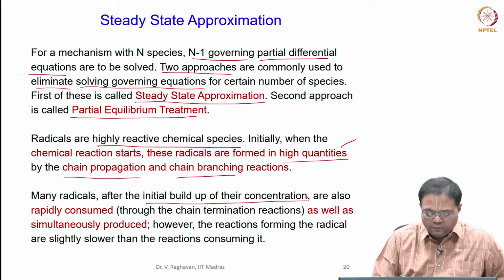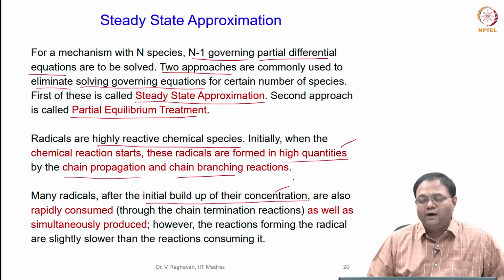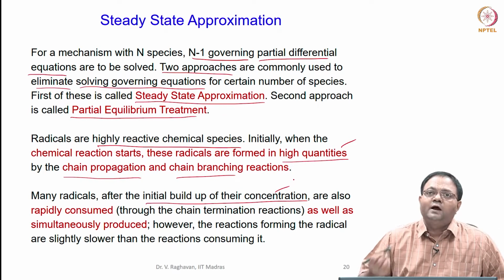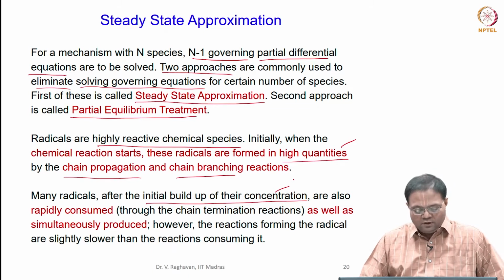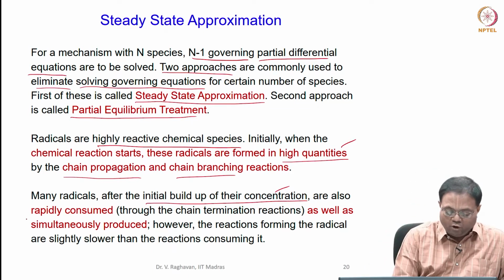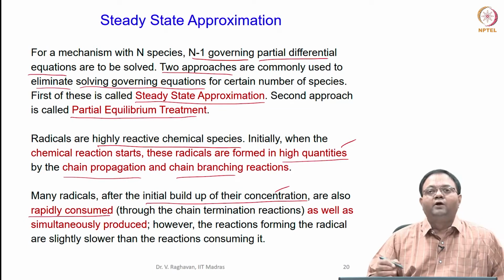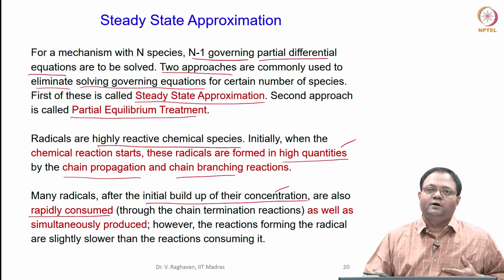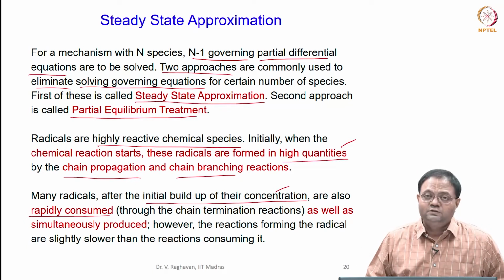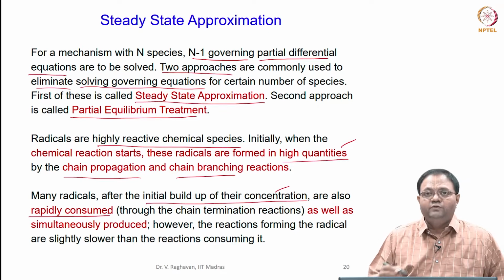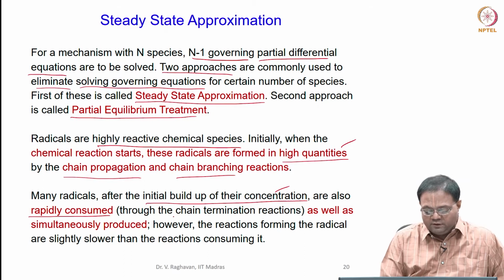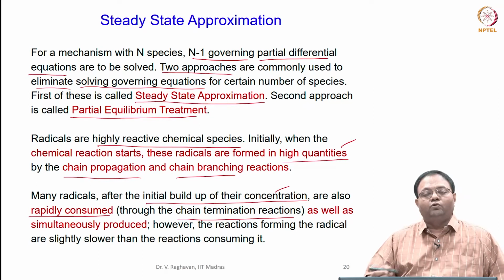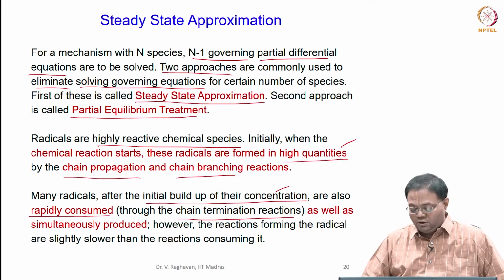So, the initial build-up of radical concentration leads to higher reaction rates for the reactions involving these radicals, and the radicals are rapidly consumed. These can be chain termination reactions, which produce the major products.